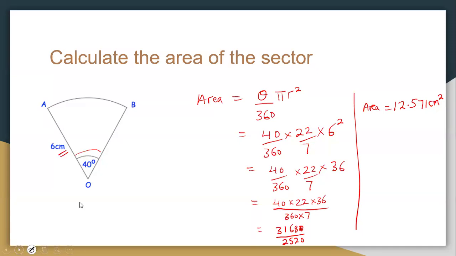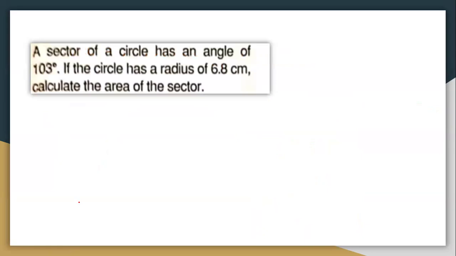Now, sometimes they may need you to come up with the sector, to draw it yourself, when they have given you only a few words. Like here, they have told us that a sector of a circle has an angle of 103 degrees. If the circle has the radius, calculate the area of the sector.